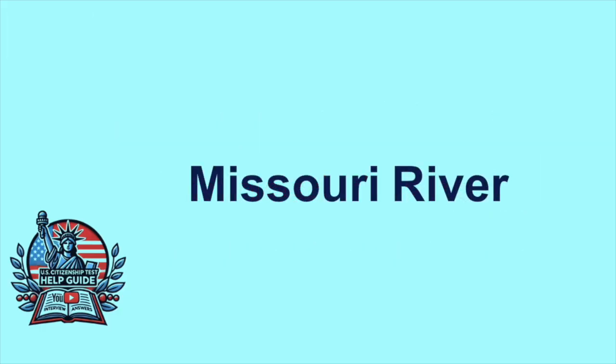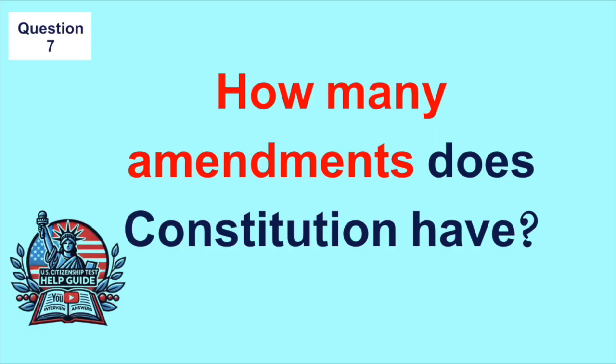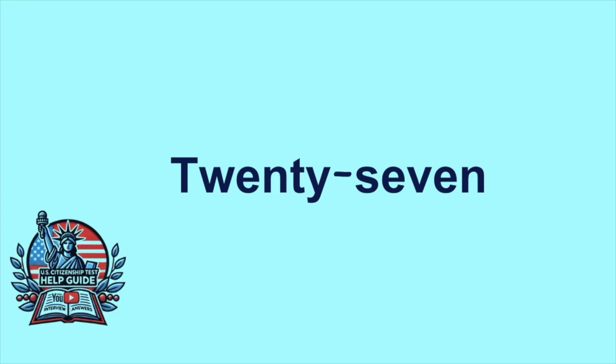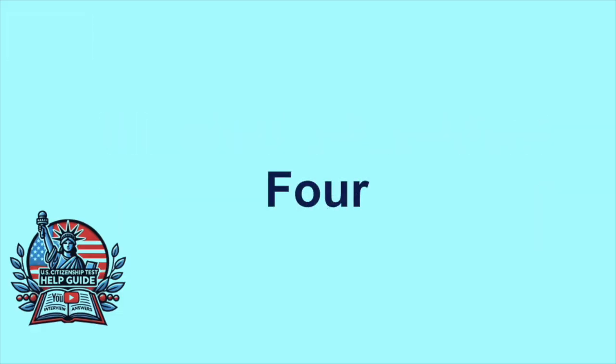Missouri River. How many amendments does the Constitution have? 27. We elect a president for how many years? 4.